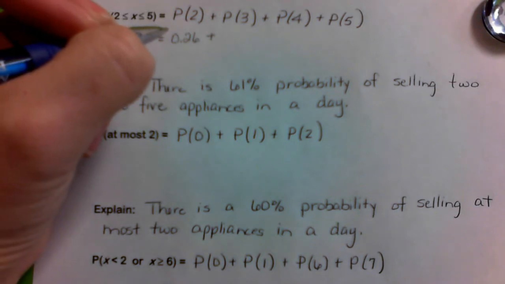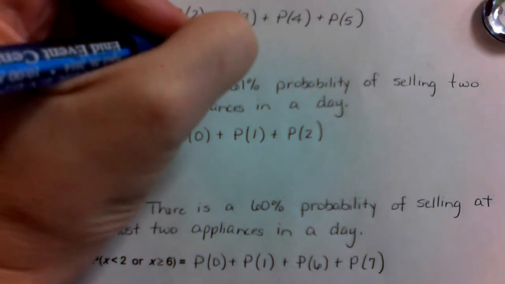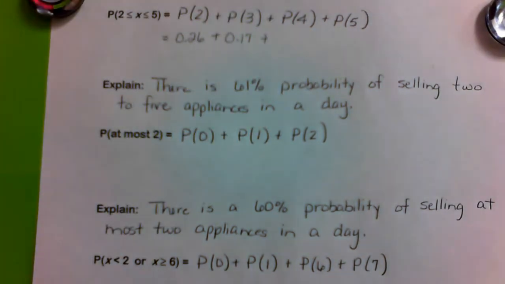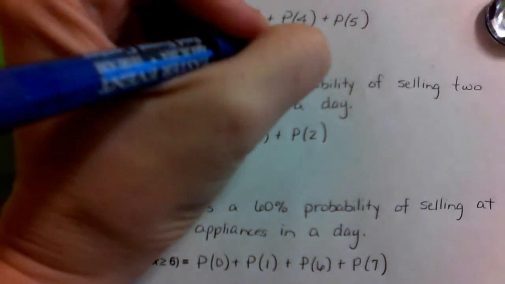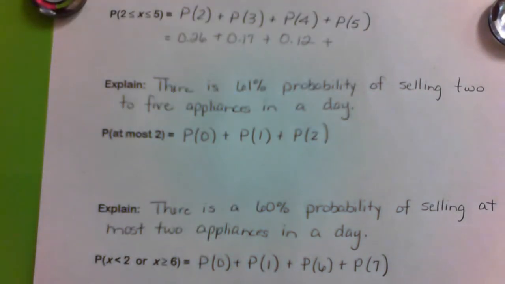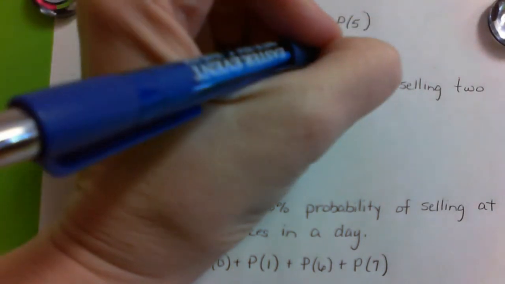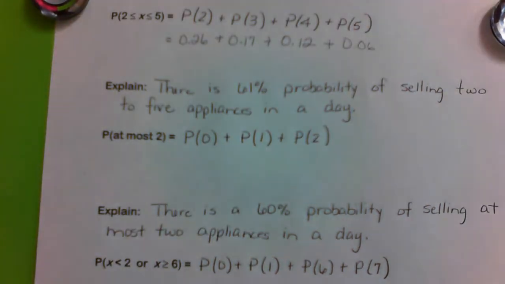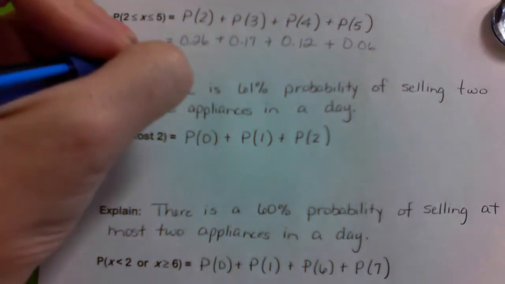The probability of 3 is 0.17. The probability of 4 is 0.12. And the probability of 5 is 0.06. So what you're going to do is add all of those, and it adds up to 0.61.